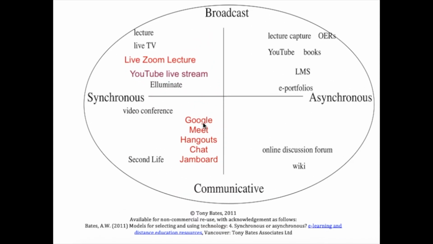I want to refer today to the work of Dr. Tony Bates, who is very much an authority in online teaching. And this diagram was created by him to help explain 4 terms that relate to online teaching. And by discussing these 4 terms, I think it helps us to organize in our minds what kind of teaching we have.